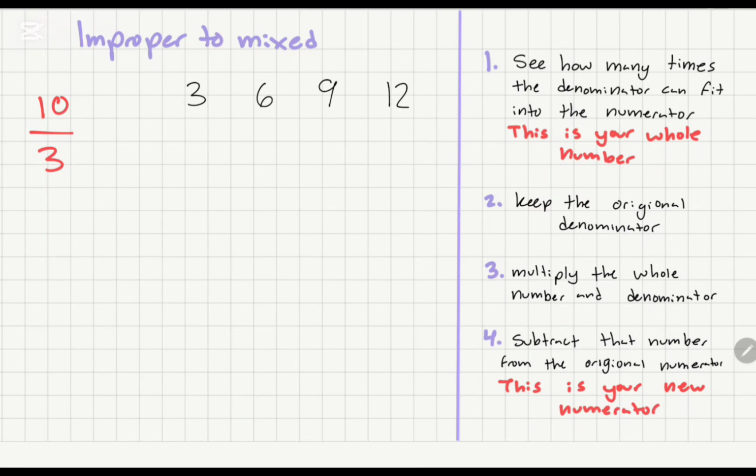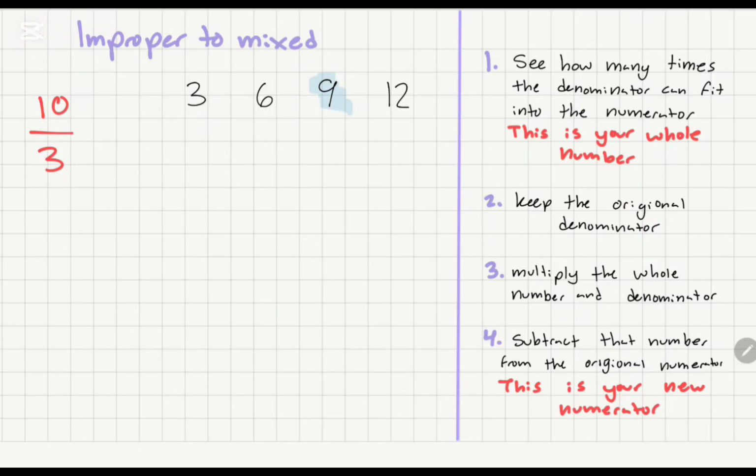That will be 9. Notice how 9 is the closest number to 10 without going over it. It's not going to be 12 because 12 is bigger than 10. Okay? So, now I have to see how many times did I skip count by 3 to get to 9.